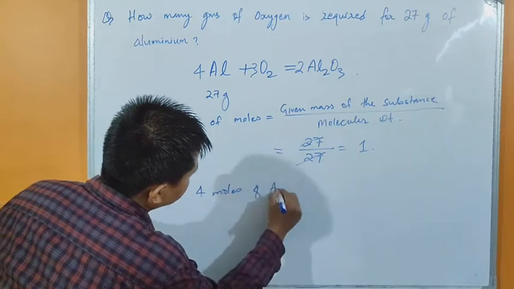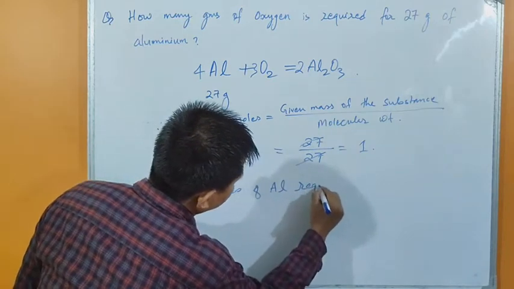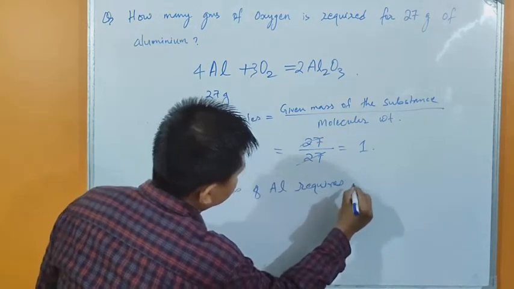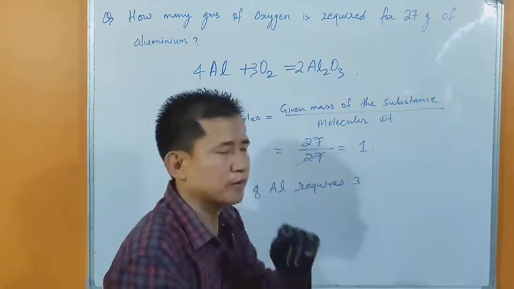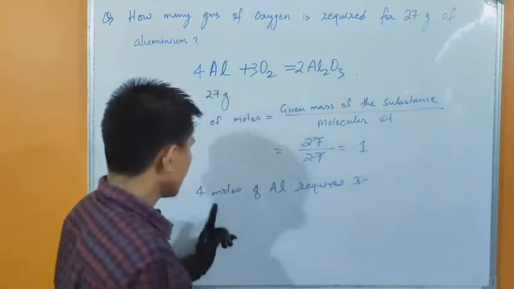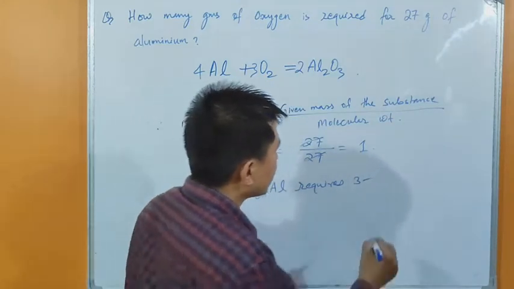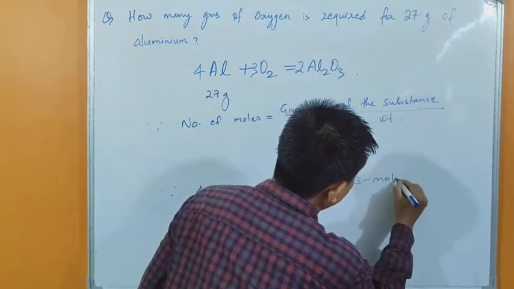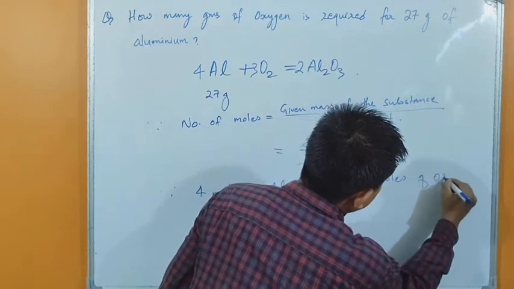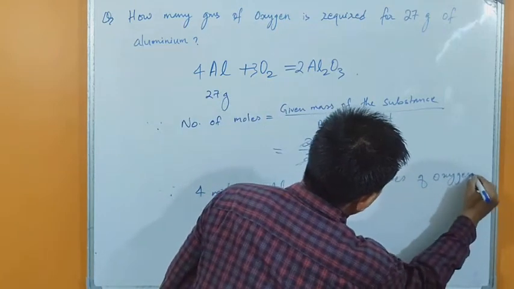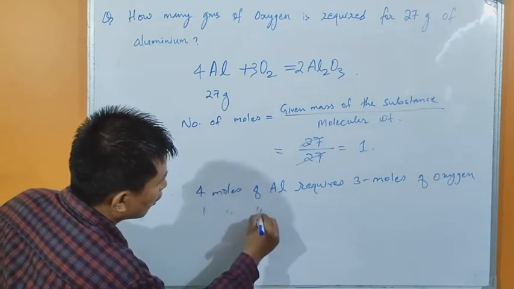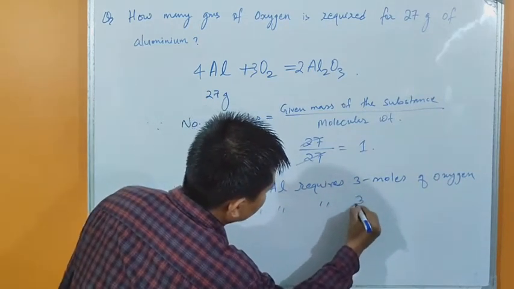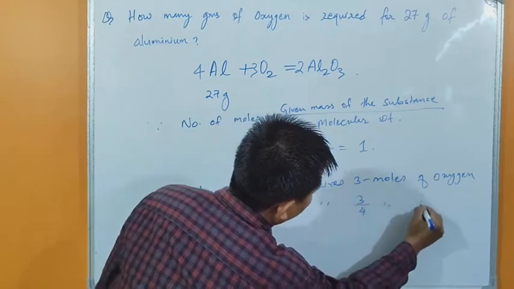I am trying to find the number of moles of oxygen required, okay? So, by the unitary method, 1 mole of aluminium requires 3 upon 4 moles of oxygen.